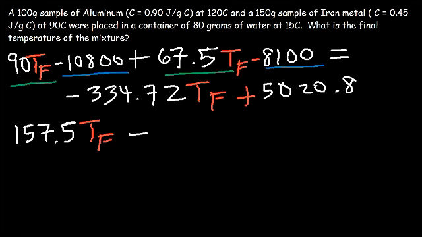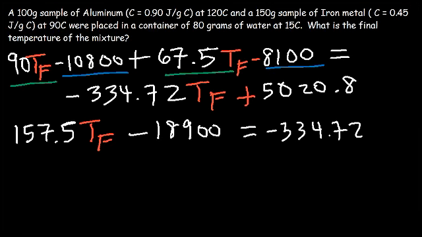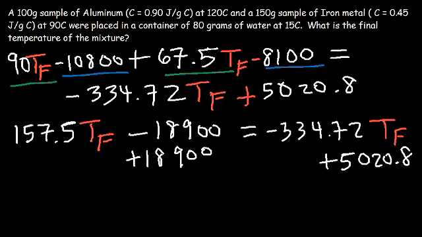So that should be negative 18,900. And this is equal to what we have on the right side, which is negative 334.72 TF, plus 5,020.8. So let's add 18,900 to both sides.